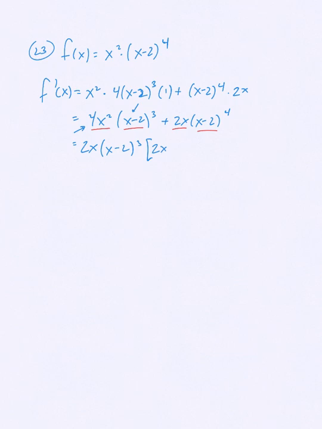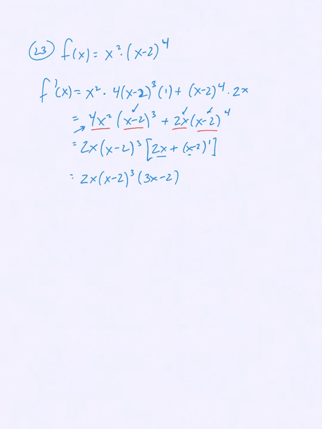This guy is completely gone now. Plus, we took out the 2x, but we're going to have an x minus 2 to the first power. So within the brackets, we've got 2x plus x, which is 3x minus 2, and that is our answer for 23.